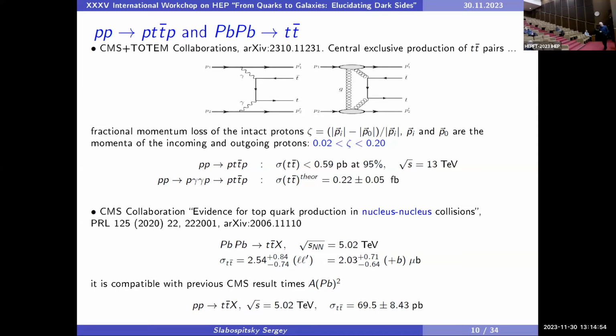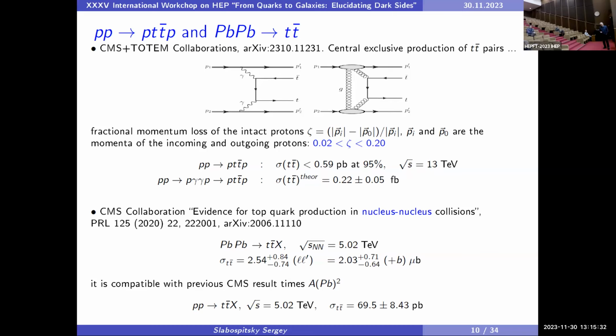Maybe another interesting observation. You know that during this workshop we have heard several talks concerning nucleus interactions, and CMS provides the first measurement, evidence for top quark production in nucleus interactions. The square root of S per nucleon is about 5.5 TeV, and there are also CMS measurements at a similar energy in PP collisions.